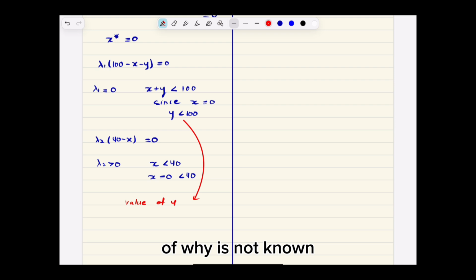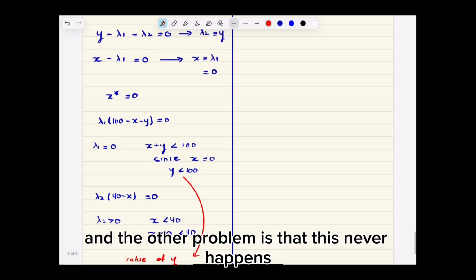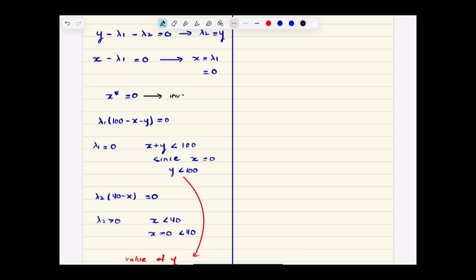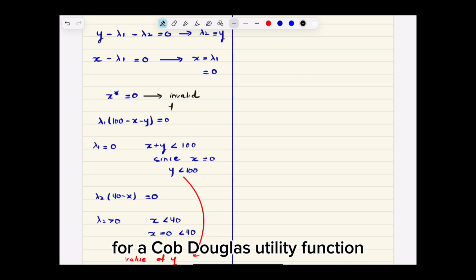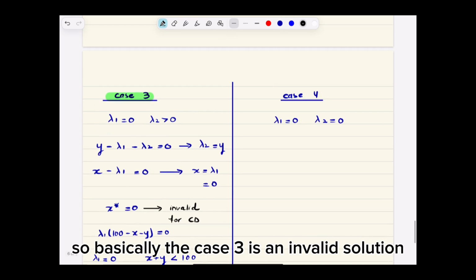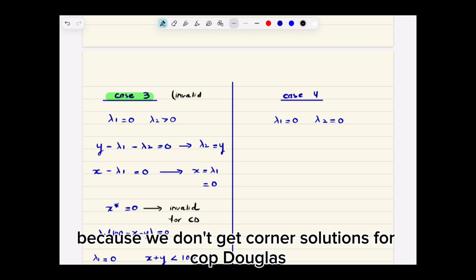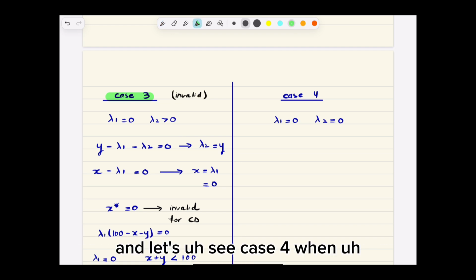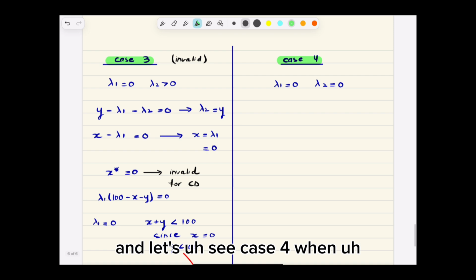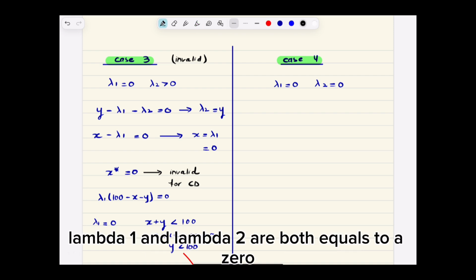The value of y is not known. And the other problem is that this never happens. This is invalid for a Cobb-Douglas utility function. So basically, case 3 is an invalid solution because we don't get corner solutions for Cobb-Douglas. And let's see case 4, when lambda 1 and lambda 2 are both equal to 0.